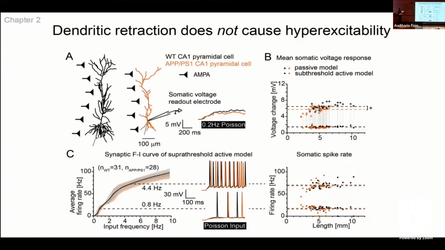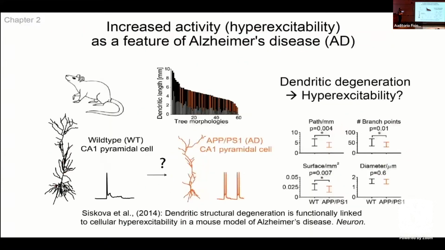And in all cases, the orange group, which is the Alzheimer group, is either equal to the wild type group or even below. So it's not showing an increase in excitability in these cases. And the main reason probably is that in the paper by Zizkova, they stimulated somatically to test the hypothesis.